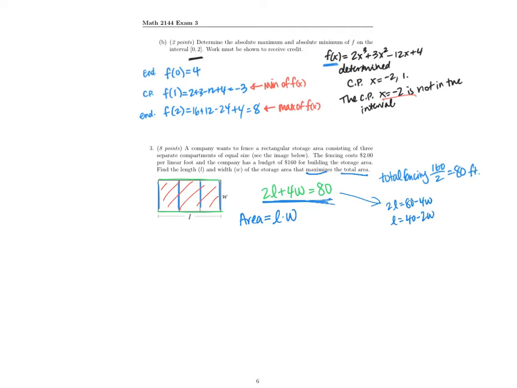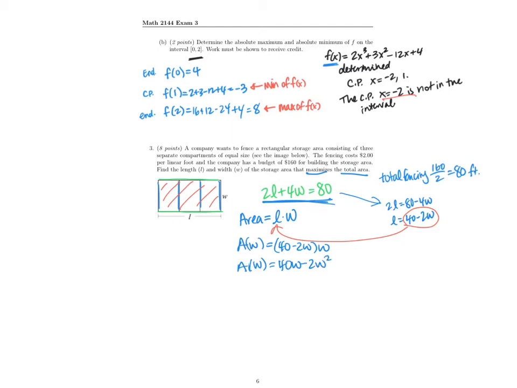So then I can replace that in here for L. And the reason is now I have an area function as a function of one variable. So my area function, A of w, is equal to 40w minus 2w squared.